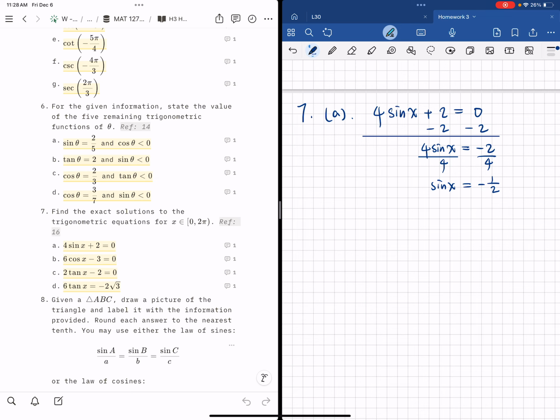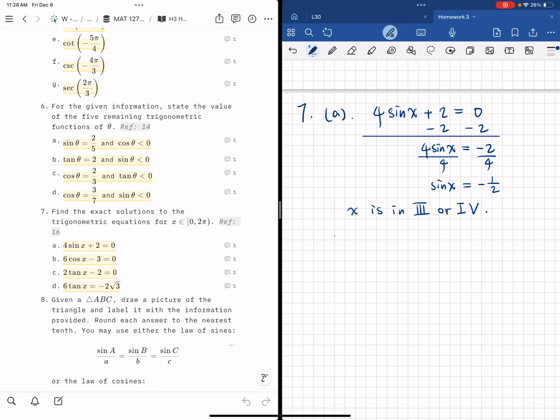And then once you have this, you can analyze where this angle is, right? So they tell you that x is between 0 and 2 pi, and sine of x is negative, which means x has to be in the 3rd quadrant or the 4th quadrant. So that means we have 2 solutions.